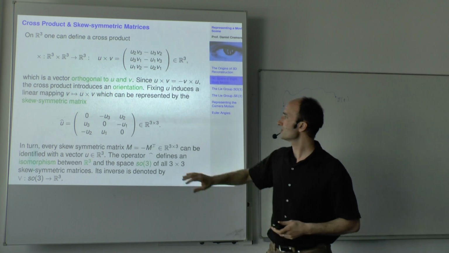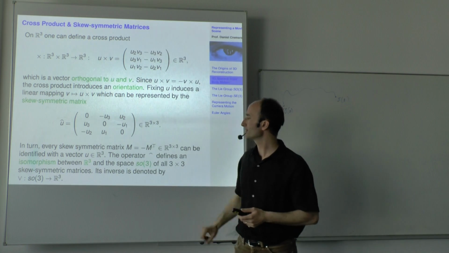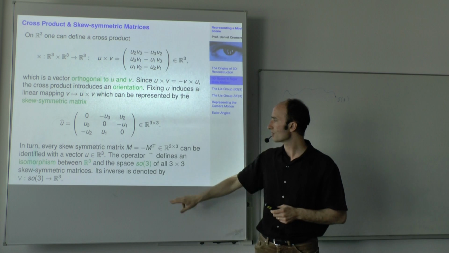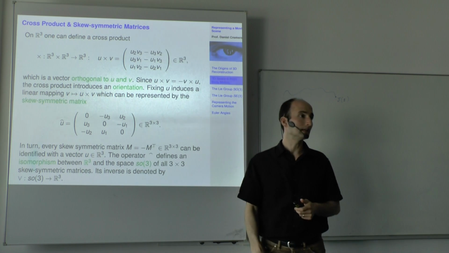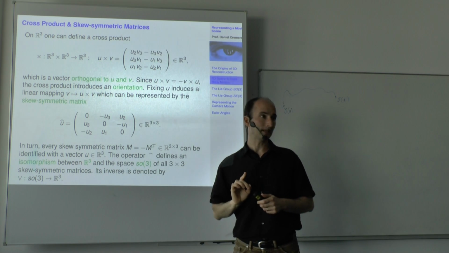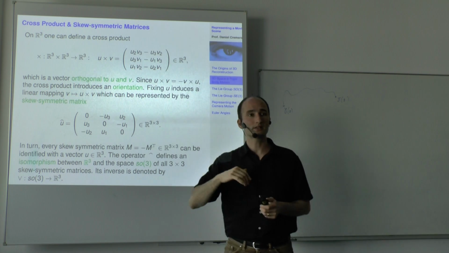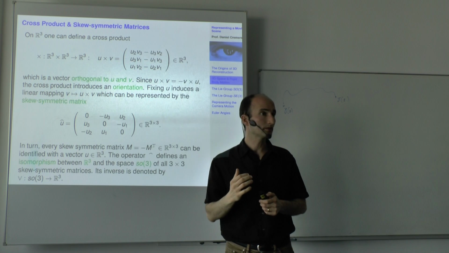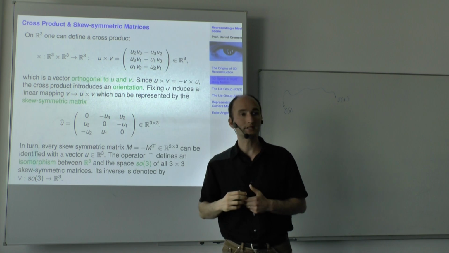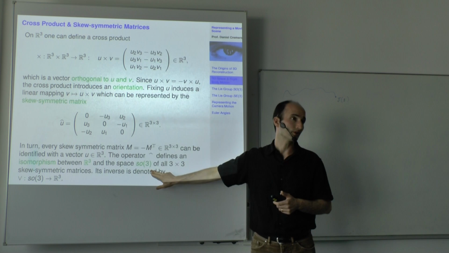The space of 3×3 skew-symmetric matrices is called little so(3), mind you, not big SO(3). We had big SO(3). The special orthogonal group, the rotation matrices. This is little so(3).